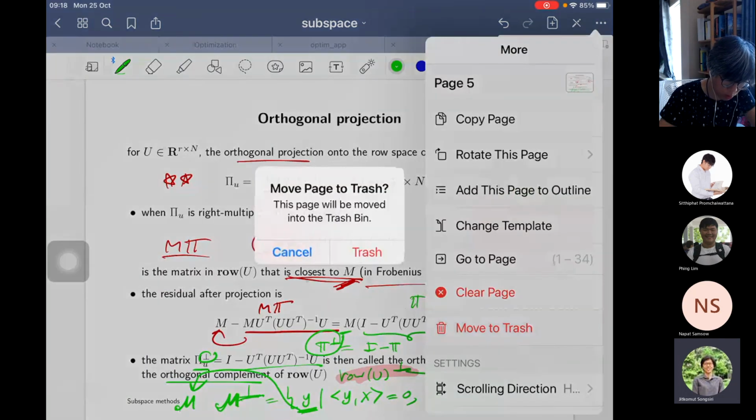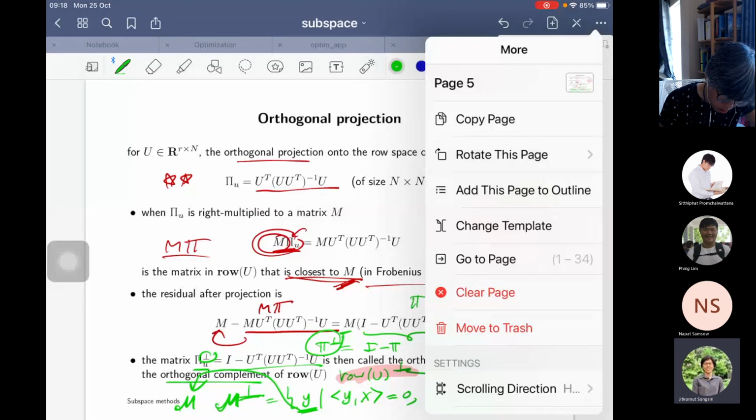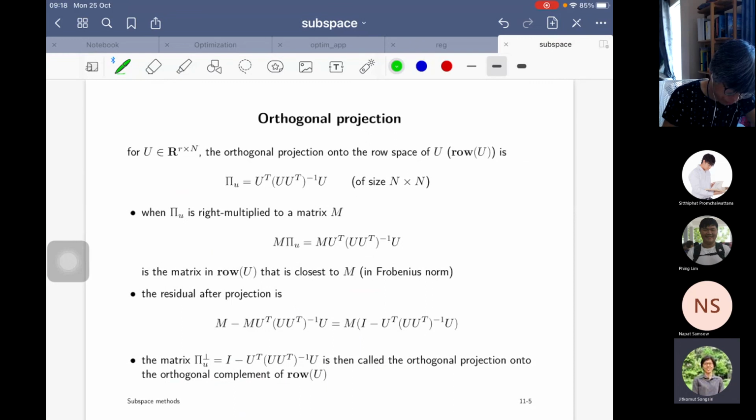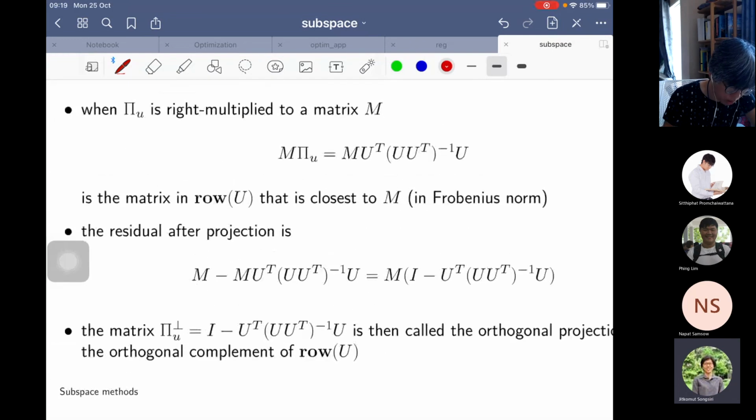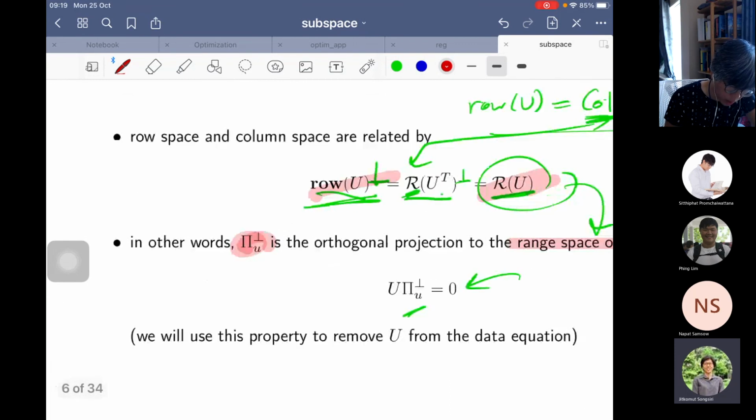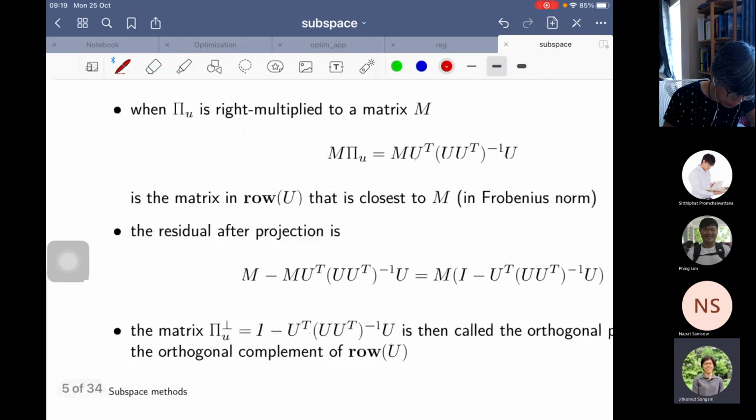If you want to show that result from the expression of pi perp instead, that is okay too. So let's see here. U times pi perp.